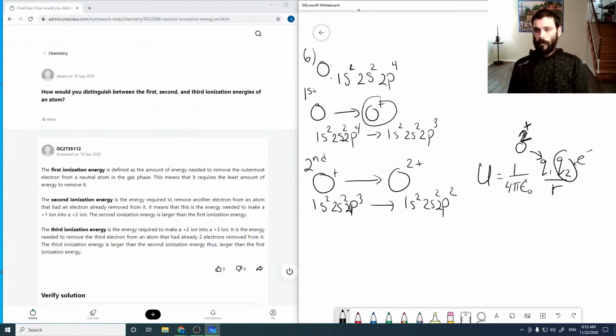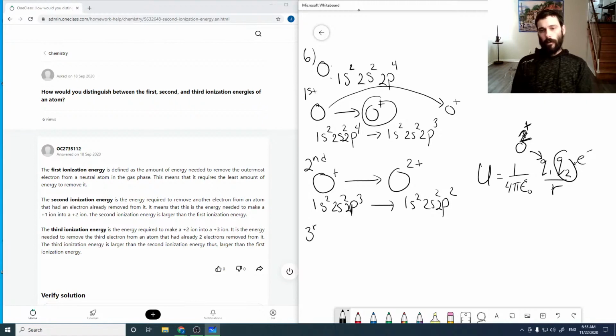So it's a 2 positive core, especially as we start to remove it, it's going to be even harder to remove than in the first case, where in this case it would be just a single positive core. Okay, so we've got a higher positive charge we're trying to pull an electron away from, so it's going to be even harder.